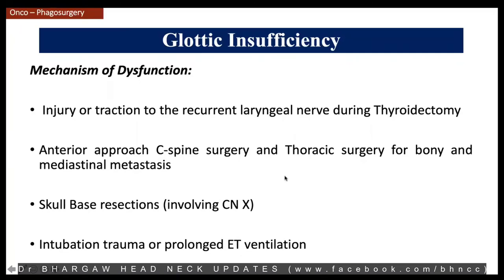Okay, glottic insufficiency. This usually happens when a patient has a skull base resection or a thyroidectomy and damage to the recurrent nerve, or sometimes even a cervical spine surgery for some vertebral metastasis.